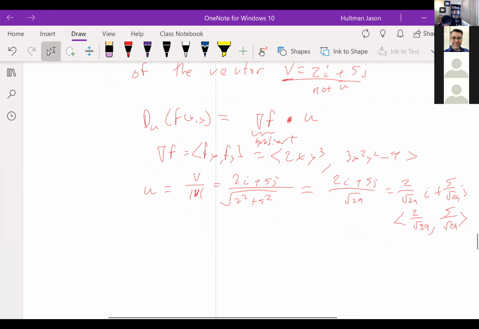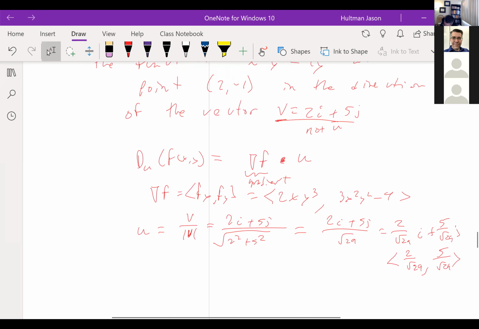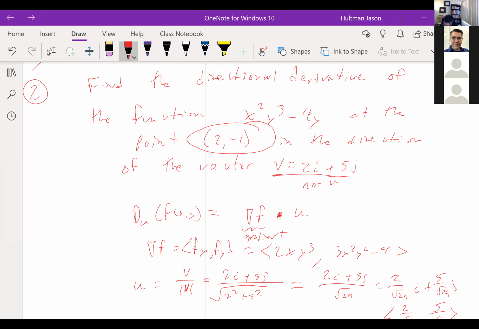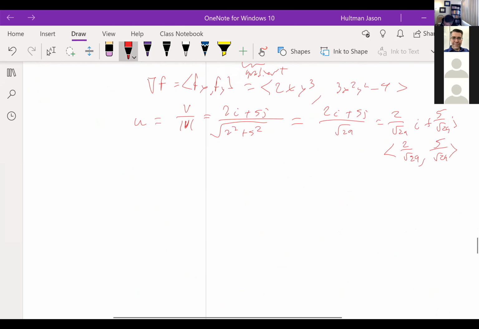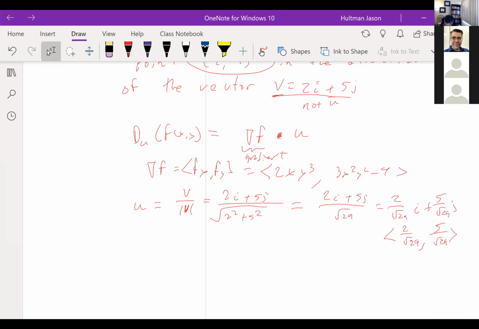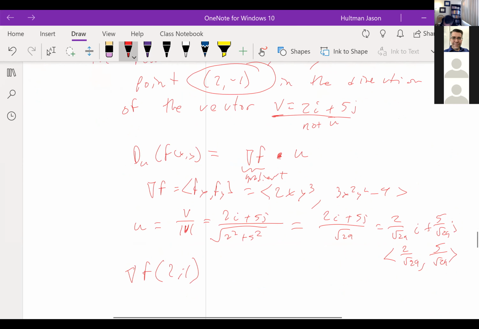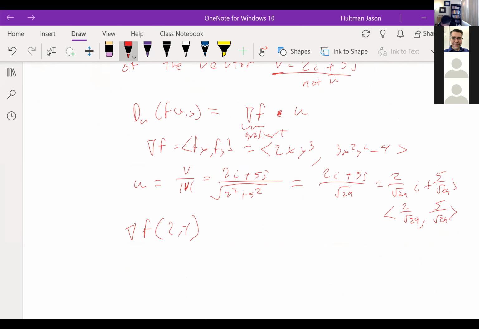Okay, so we want the directional derivative at this point though. So what's del of f at 2, -1? Just plug it in. Sorry, plug in 2, -1 here. So what's that vector?